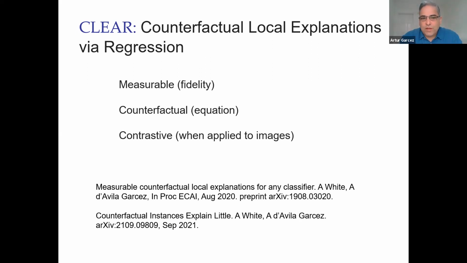Having this equation, which allows for counterfactual reasoning, and Adam will tell you more about that. And it's also contrastive when it's applied to images. These are the papers that are related to CLEAR as a local XAI method.